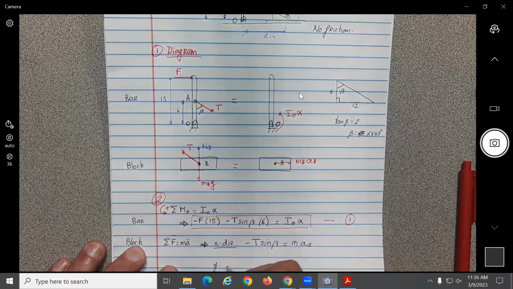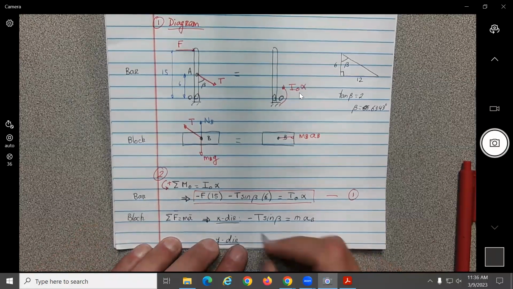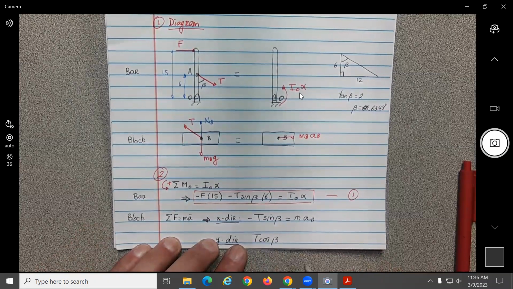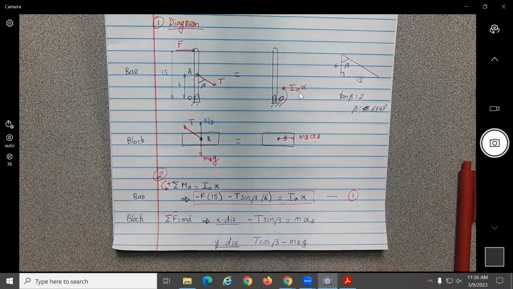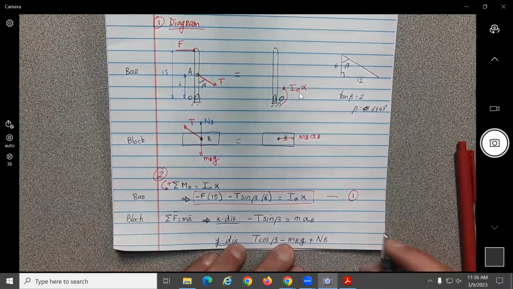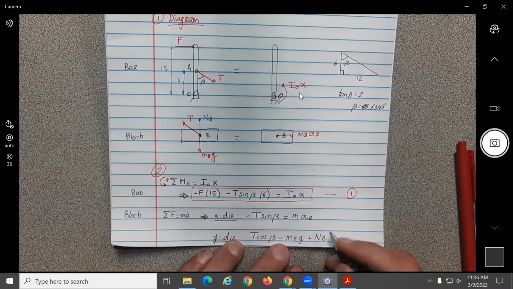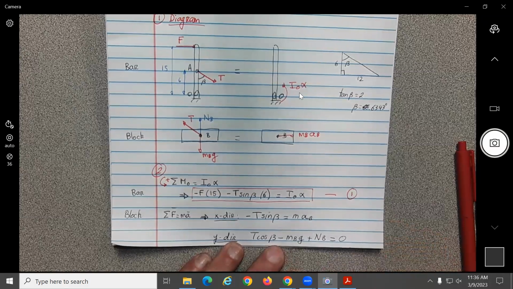And the y direction, this should give us what? T cos beta minus m_B g plus N_B, I guess, yeah. I don't know if N_B is going to do anything, but N_B is on the figure. No, it's not, because it's a tension. The tension is going to react to something. And this should be equal to 0, since there's no motion.